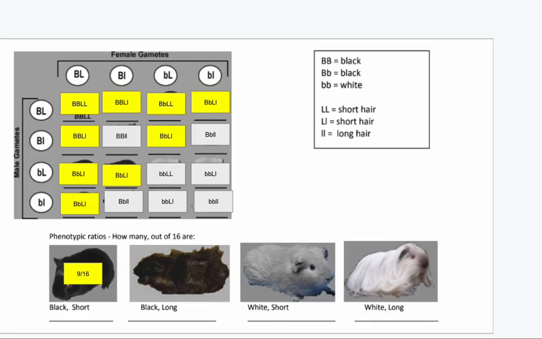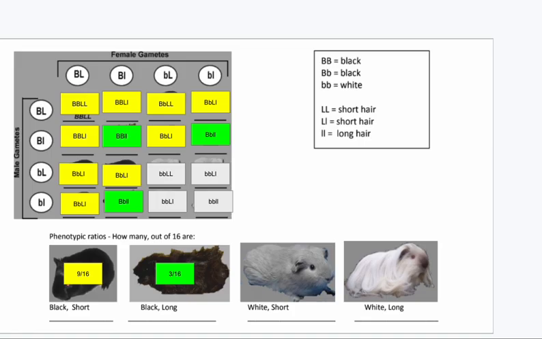Now we need to calculate black with long fur. That's going to be either homozygous dominant or heterozygous for the fur, and then homozygous recessive for the hair length. So we've got 3 out of 16 of those. We've got homozygous dominant and homozygous recessive here, heterozygous and then homozygous recessive, and then heterozygous and another homozygous recessive.